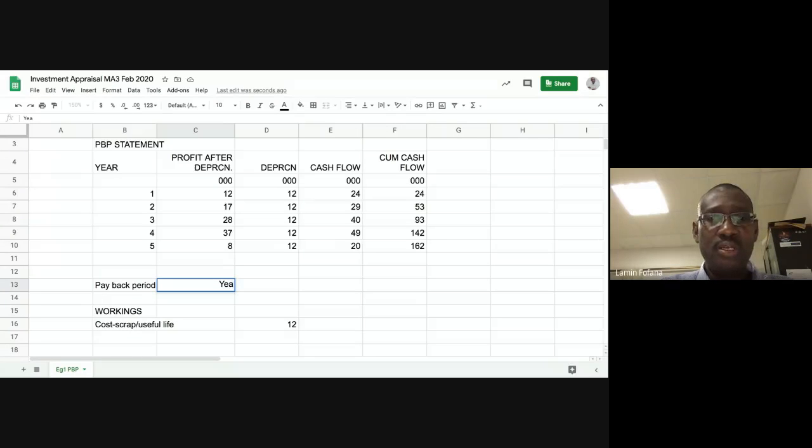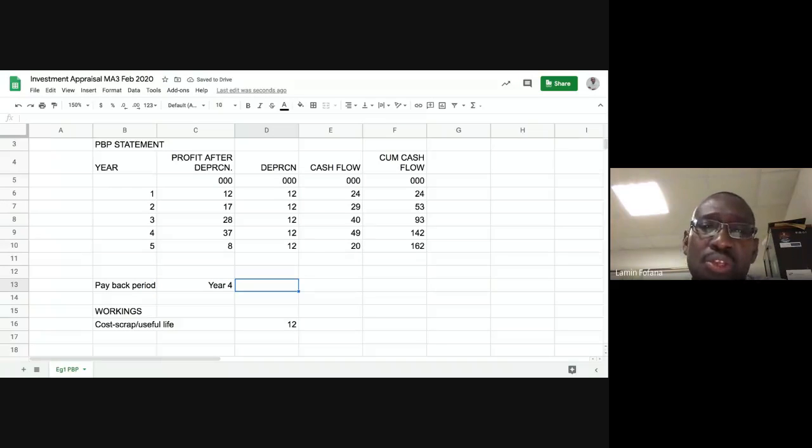Now you have to calculate the month. So which month in year 4? The payback period will be 4 years and how many months? How are we going to calculate our months?